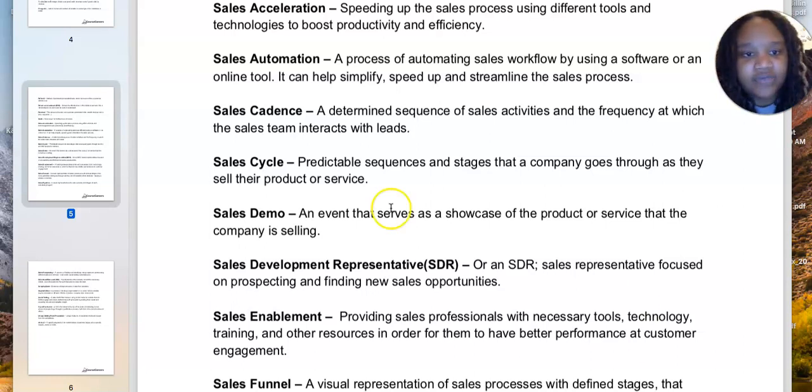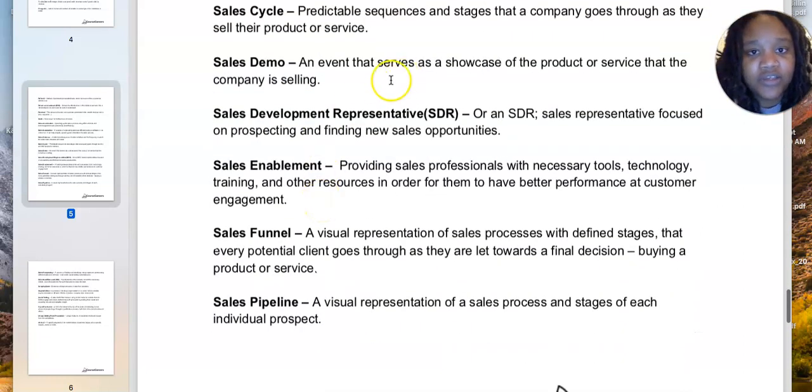Okay, next we have sales demo. Sales demo is an event that serves as a showcase of the product or service that the company is selling. Each company is different. From what I see with the company that I work for, I've only seen a couple of sales demos because a lot of the customers or leads that we get already know what the software service is.